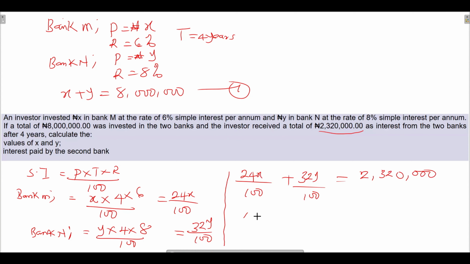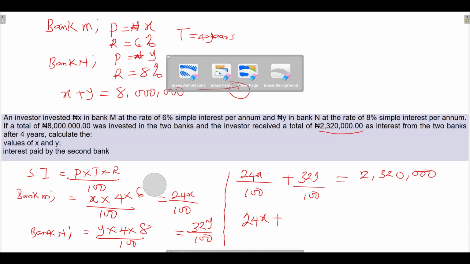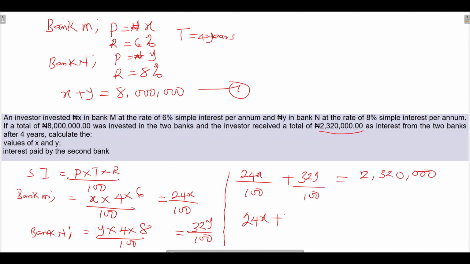That will be 24x plus 32y equals, now this increased by 2 zeros, 232 million. This becomes our equation 2.